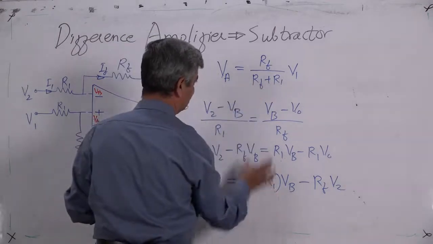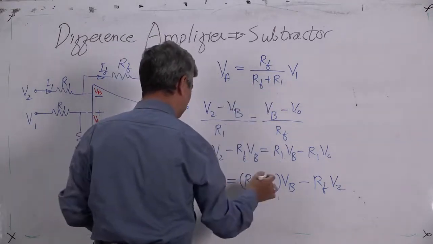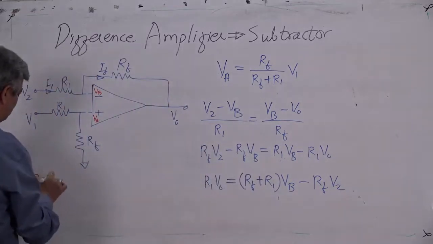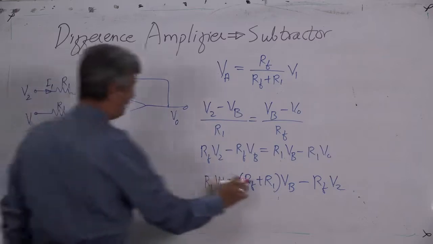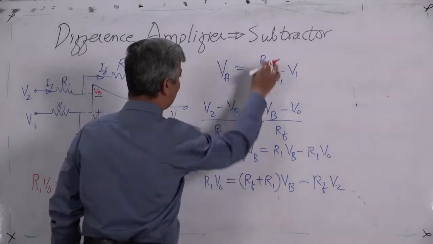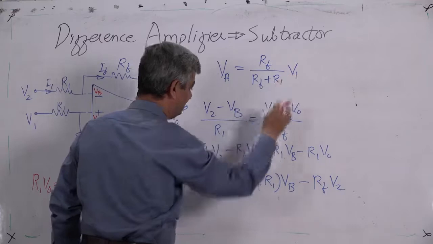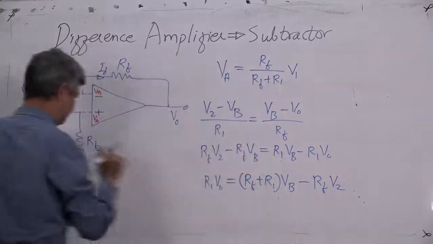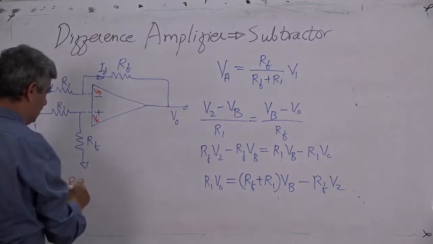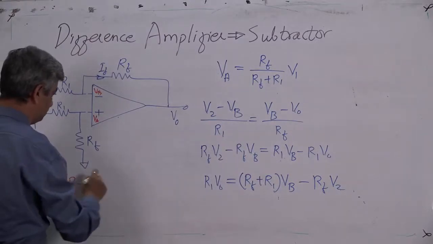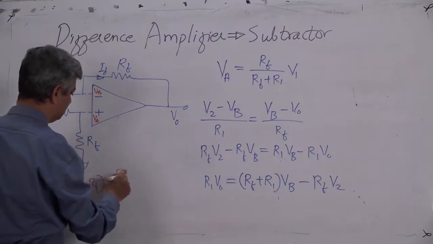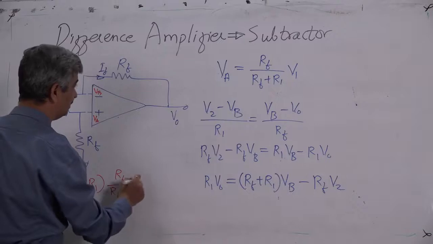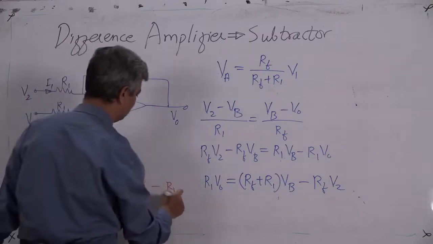Here it is in the numerator, it is in the denominator. So writing the same expression, R1 VO is equal to RF plus R1 into RF upon RF plus R1 into V1, minus RF V2.